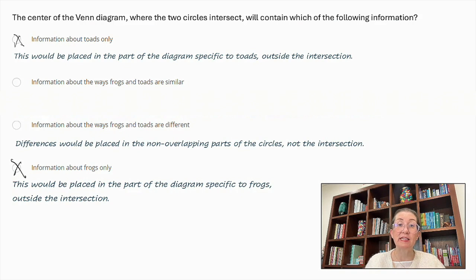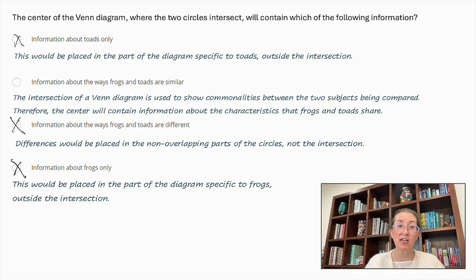Differences would be placed in the non-overlapping parts of the circle and not the intersection, so we can eliminate that as well. Information about the ways frogs and toads are similar. The intersection of a Venn diagram is used to show commonalities between the two subjects being compared. Therefore, the center will contain information about the characteristics that frogs and toads share. Therefore, that is the correct answer.